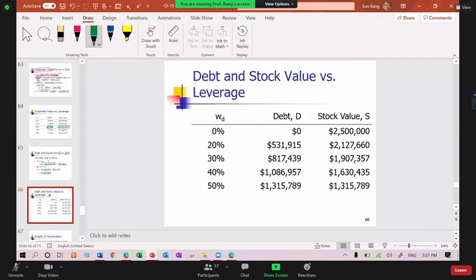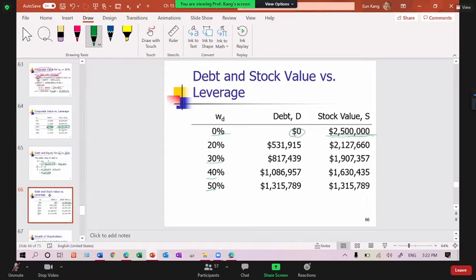So that is how to divide the debt amount and equity amount. And then what? You can apply the same technique to all the other percentages. Of course, when there is no debt, that is zero. This total stock value is 2,500,000, right?